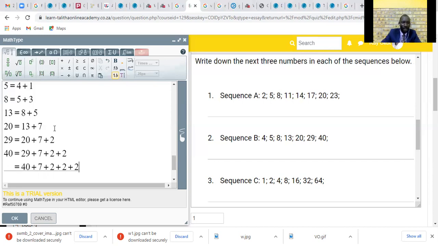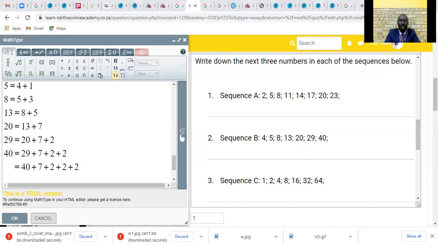You see the pattern coming out here? Yes, the pattern is coming out. It's spreading out. Well, what do we get that way? Now, we have to find this value. This is 47, 49, 51, 53. Yes, that is 53.